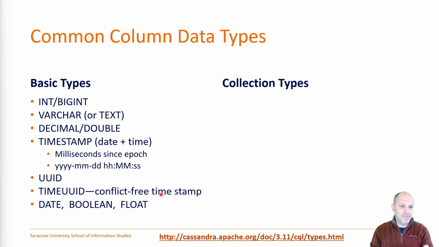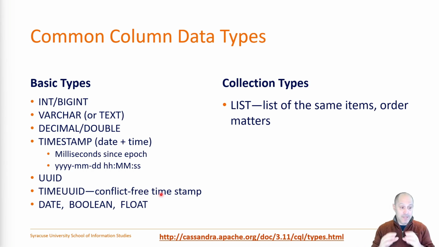There's also some collection types as well. Because everything goes in one table, there's other data types that are useful for when you have to embed complex objects into a column. So you can have a list type, which lets you denormalize a set of values.